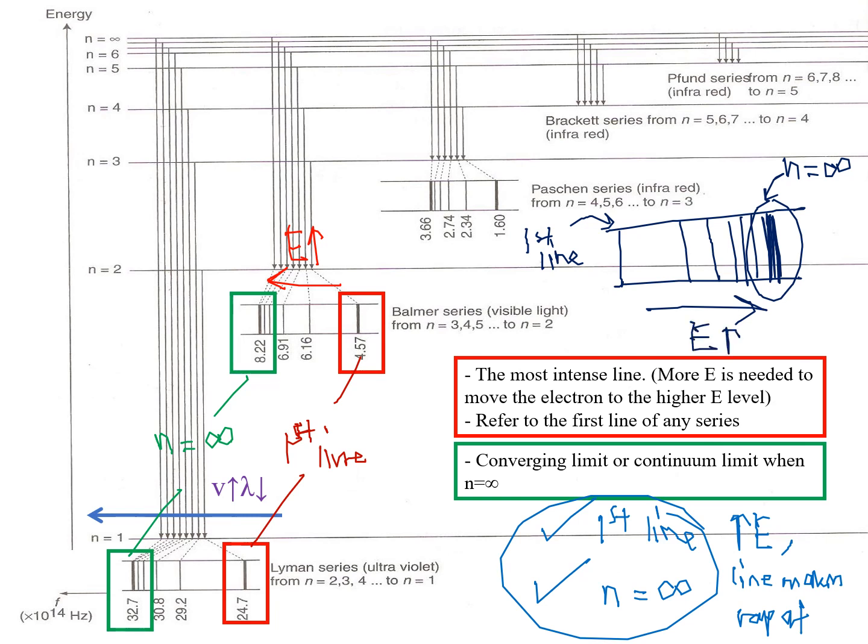So that's why semakin ke kanan semakin rapat-rapat line dia. Okay, therefore continuum limit dia di bahagian kanan, first line di bahagian kiri. In this kind of line spectrum, makin ke kiri makin bertambah energy level dia. So that's why we can conclude the first line di bahagian kanan, continuum limit pula di bahagian kiri.